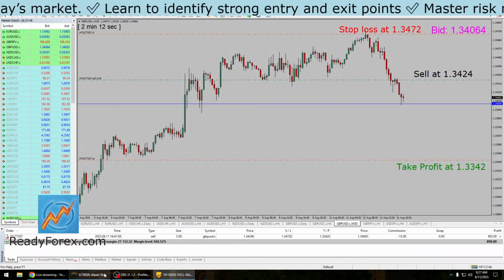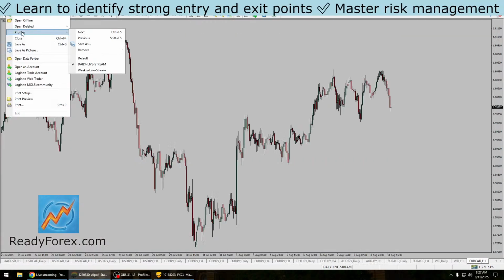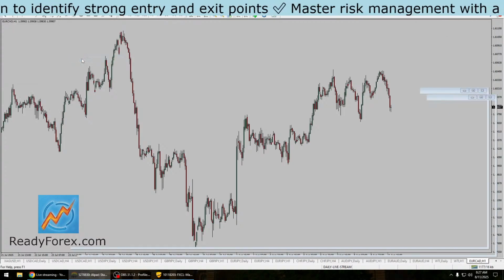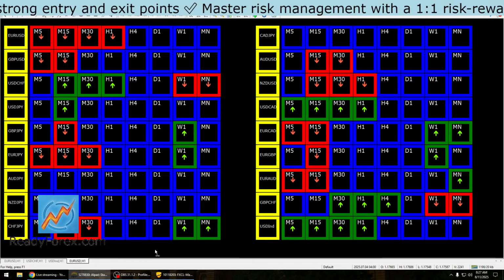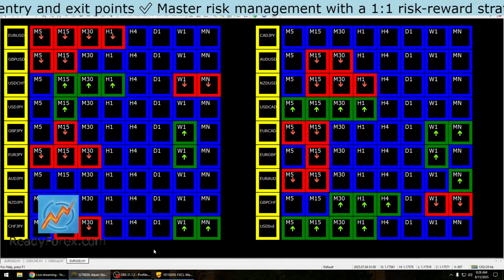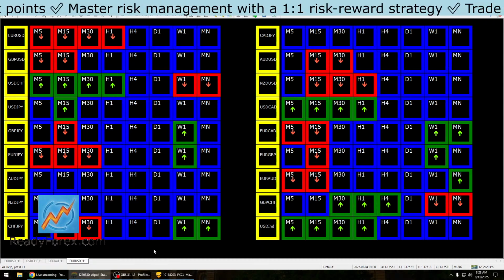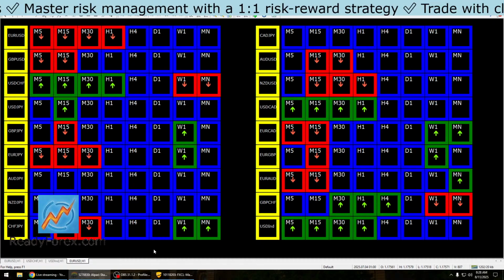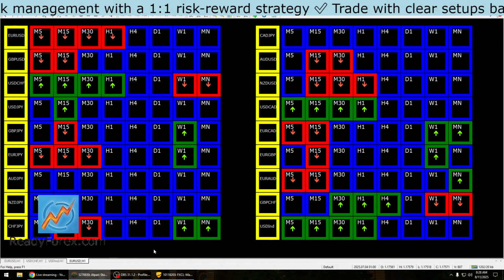Let me go back and check out the radar screen. Let's see what's going on. Okay, yes, still bearish. So USD franc is going up across multiple time frames, and the euro is going down along with the GBPUSD currency pair.